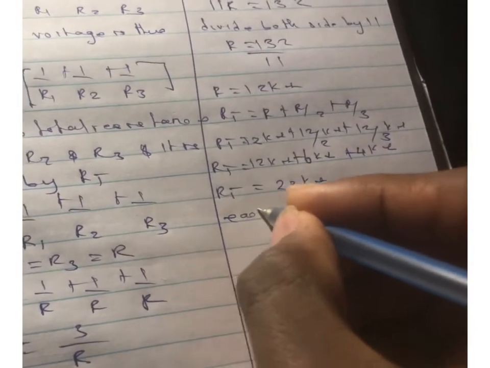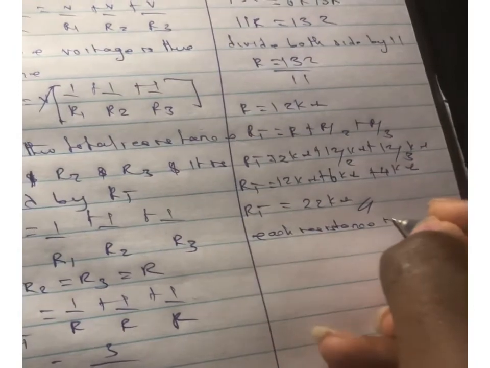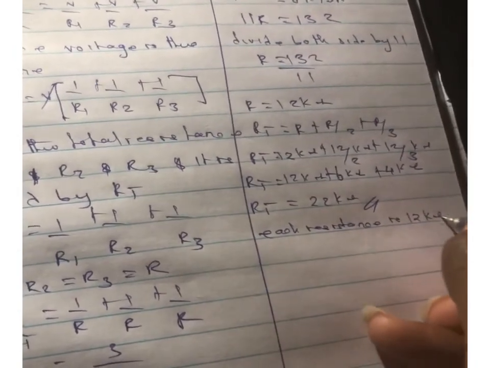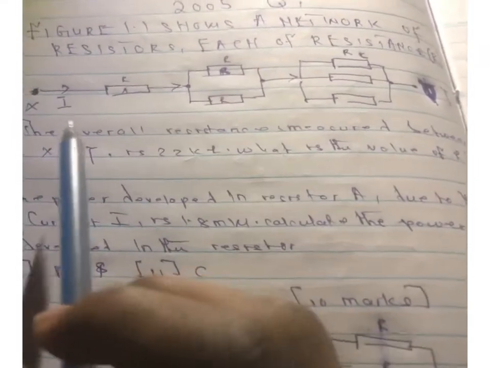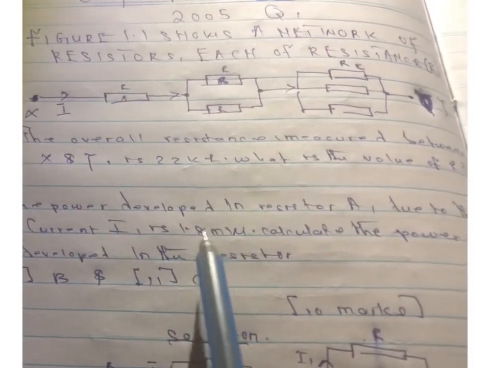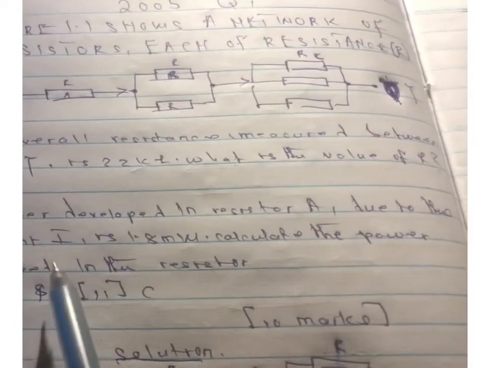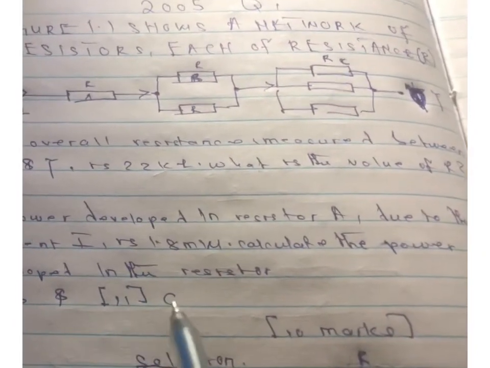So each resistance is 12 kilo ohms. Now the next question, B: the power developed in resistor A due to current I is 1.8. Calculate the power developed.